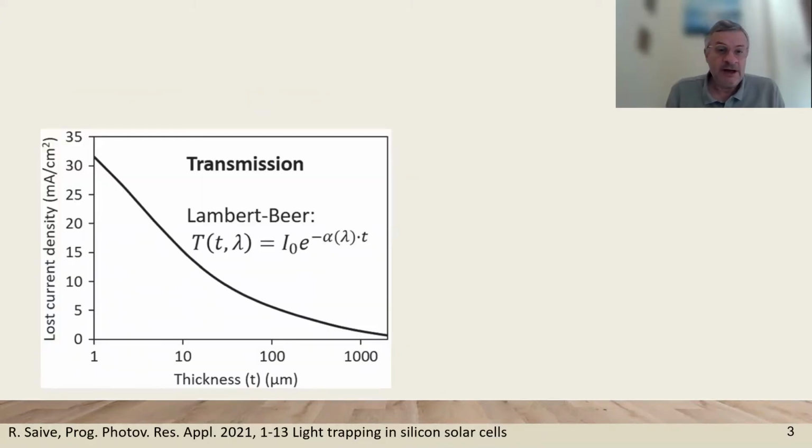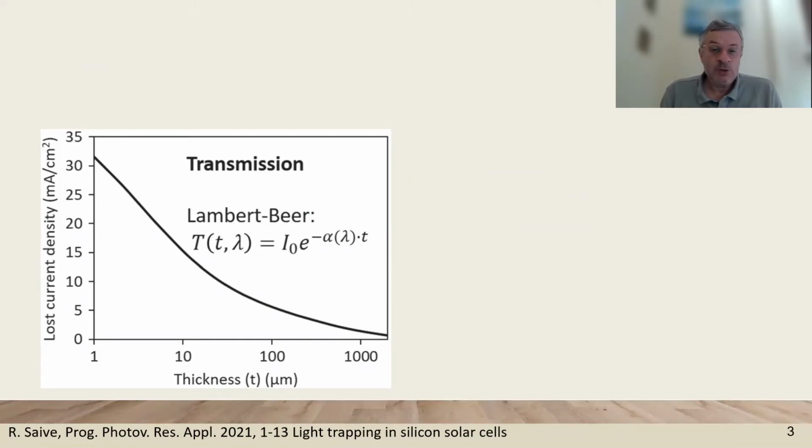Here we use the Lambert-Beer law, which is a standard absorption that is exponential absorption with respect to the thickness. This is the amount of the photocurrent that is lost. So that it would be needed like 1 millimeter to absorb the whole spectrum by silicon.